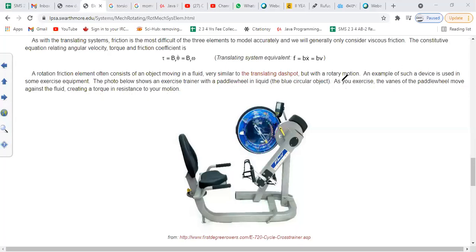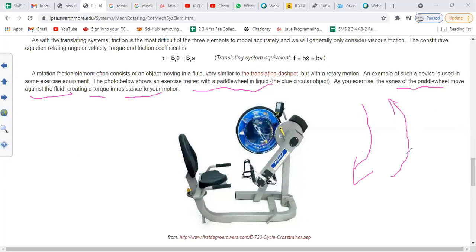What is a dashpot? It is nothing but a piston inside a viscous liquid or fluid, right? So it's the same thing. This is the pedal wheel in liquid. As you do the exercise, the vanes of the pedal wheel move against the fluid, which creates a torque in resistance to your motion. That is, if you are applying the torque in this direction, your rotational friction is in the opposing direction.